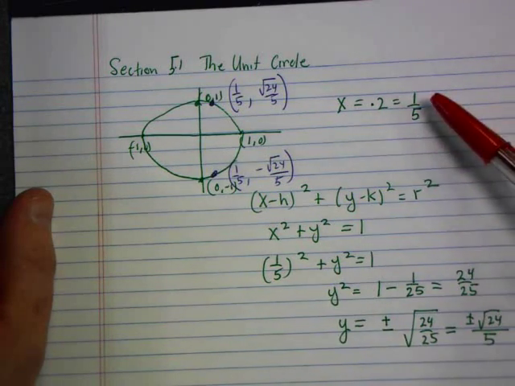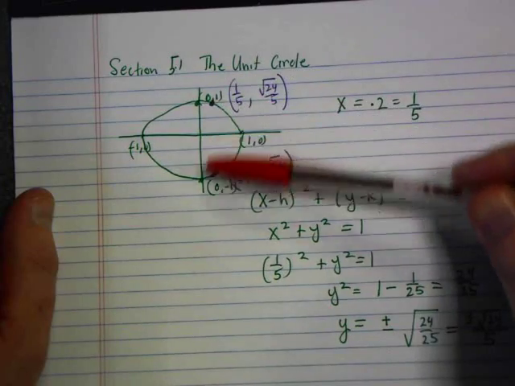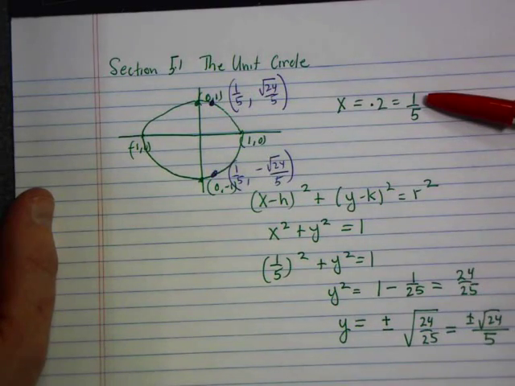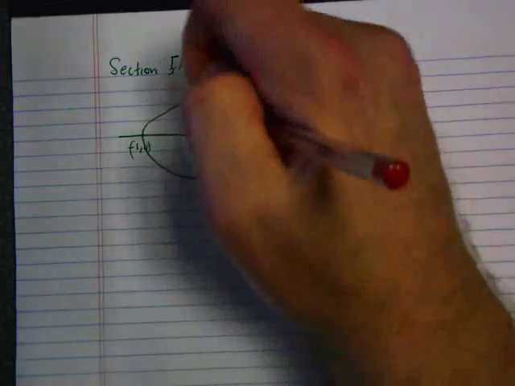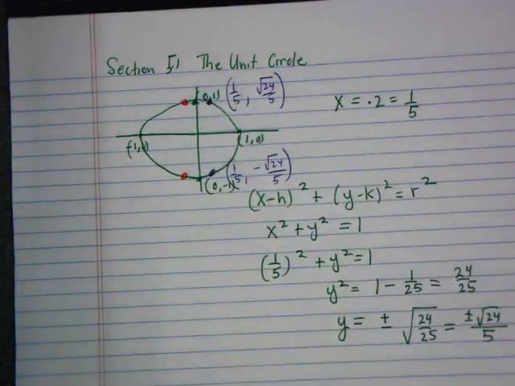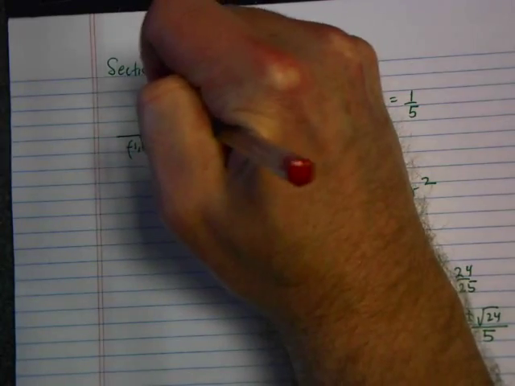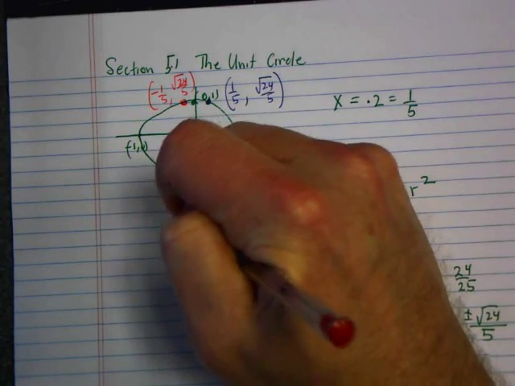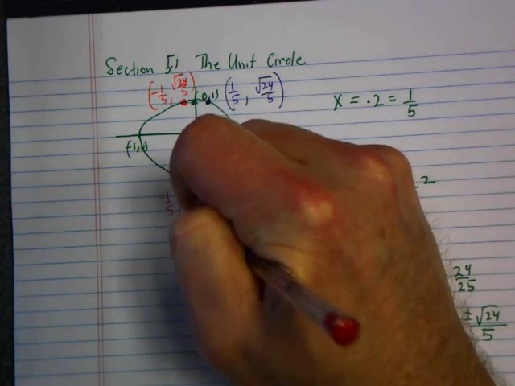So by picking x equals 1/5, I get these 2 points. But if x is negative 1/5, the y's are exactly the same again. So by picking one x number, I quite quickly generate 4 points on the unit circle: (-1/5, square root of 24 over 5) and (-1/5, negative square root of 24 over 5).